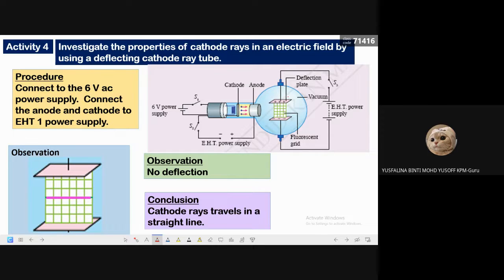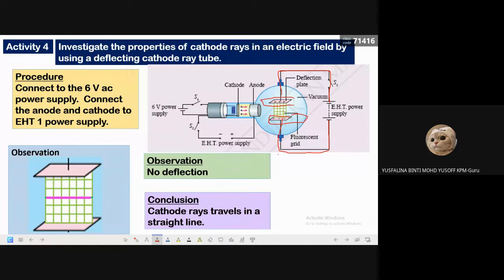The deflecting tube, they have two plates. One plate we connected to the positive, and another one we connected to the negative. You can see here that at this part they connected it to the positive, so this part has the positive plate. Then below here is a negative, so it connected to the negative part of the power supply, so this one has the negative plate.